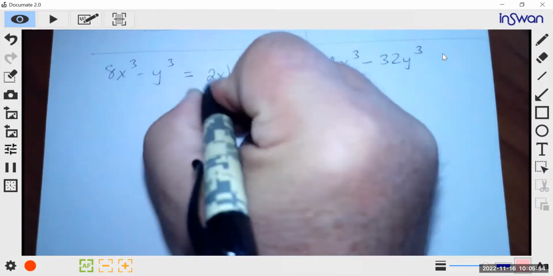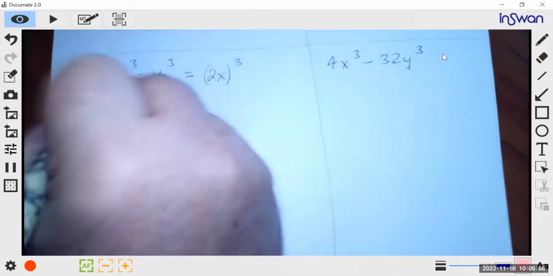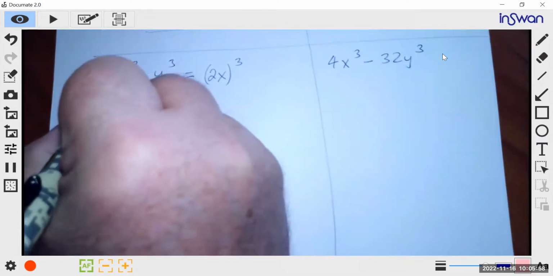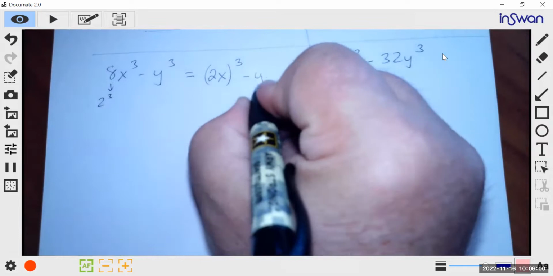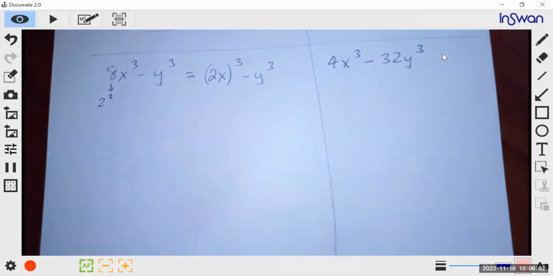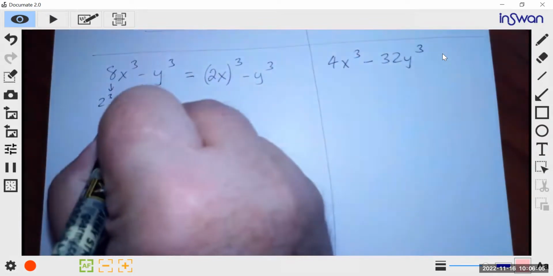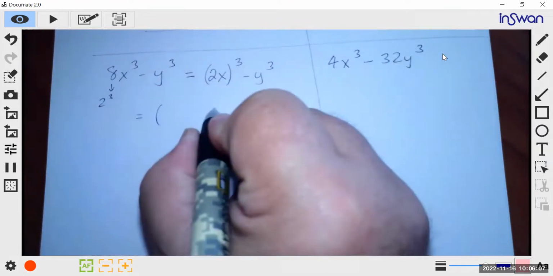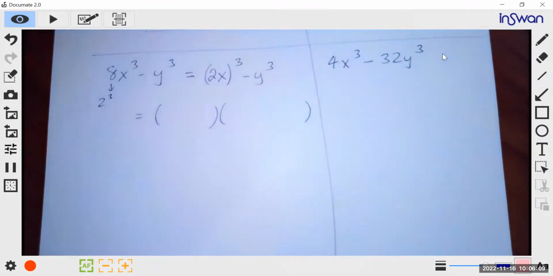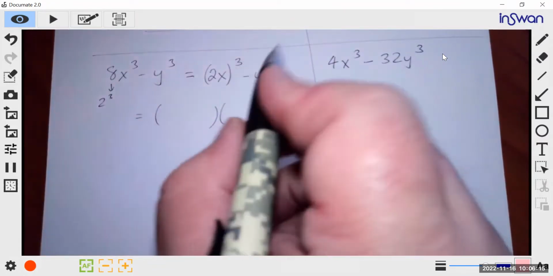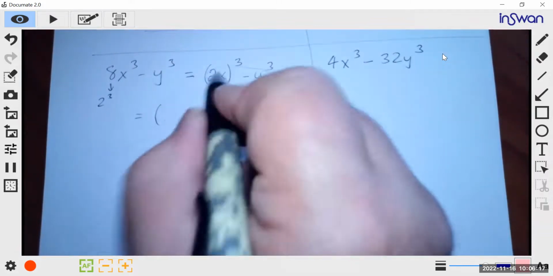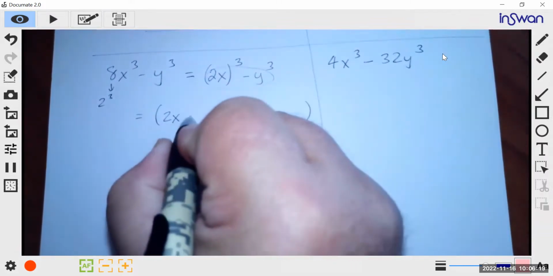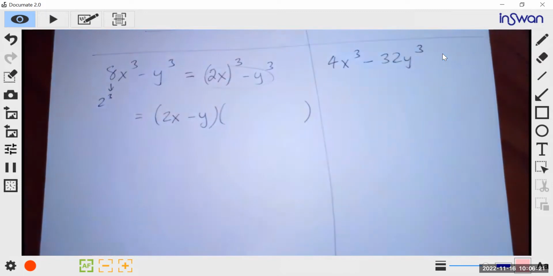So it's 2x cubed, because this is 2 cubed, minus y cubed. In the first parenthesis, 2x minus y.